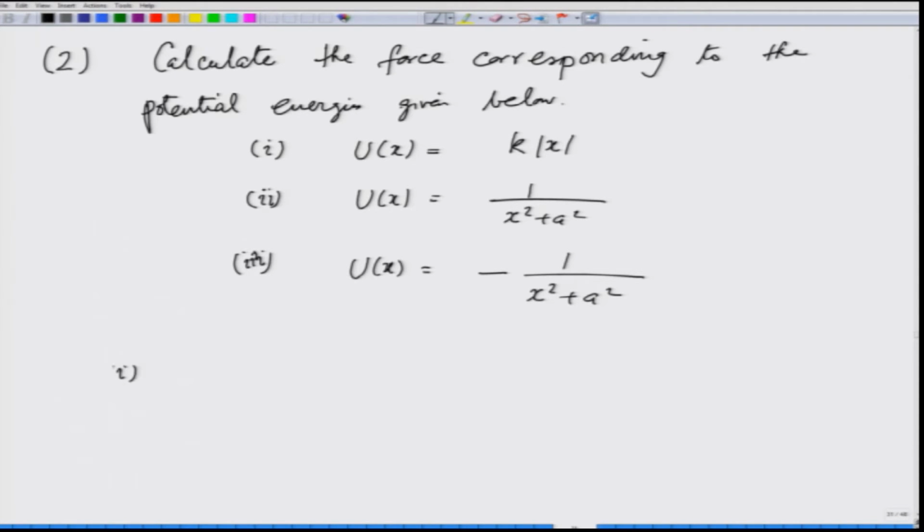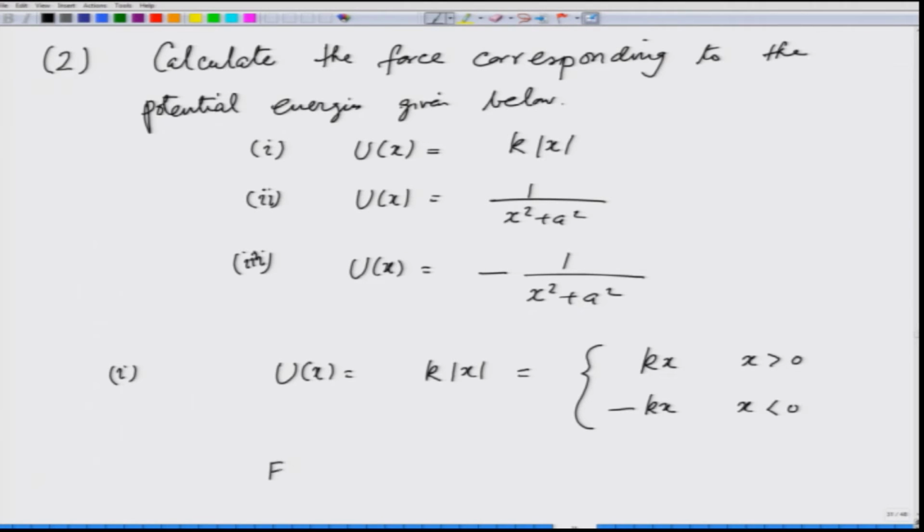First, U(x) is given to be k modulus x, and therefore this is equal to kx for x greater than 0 and minus kx for x less than 0.